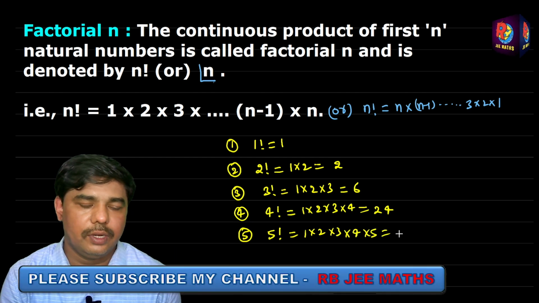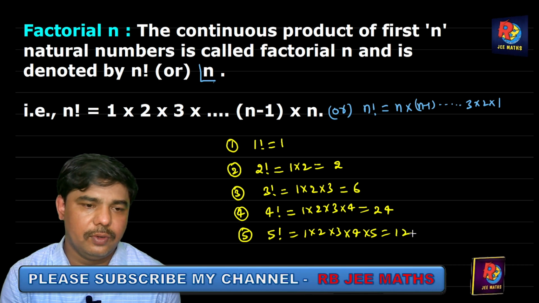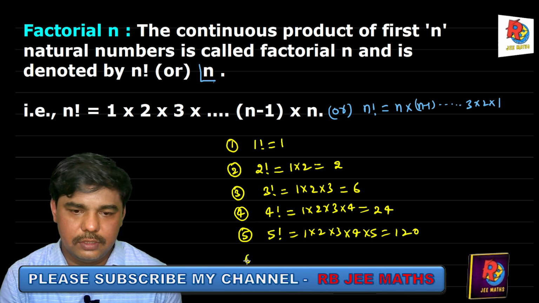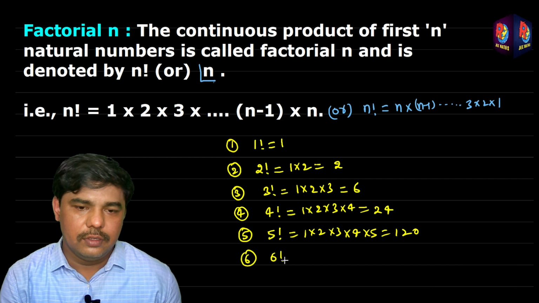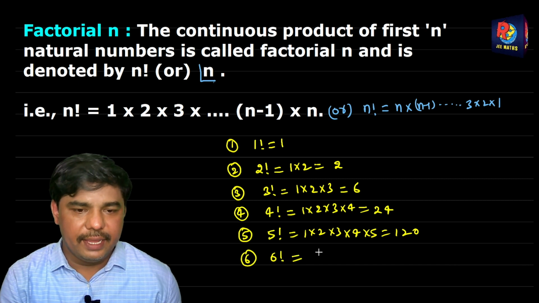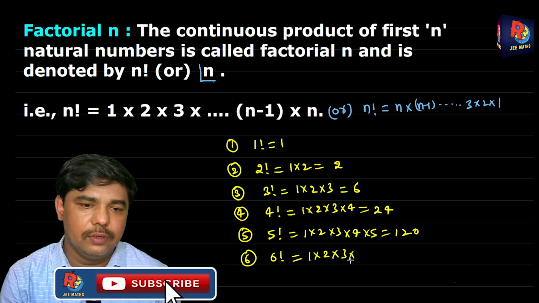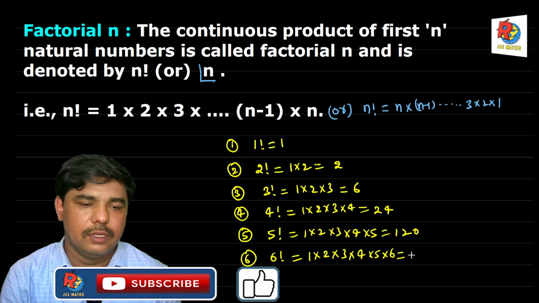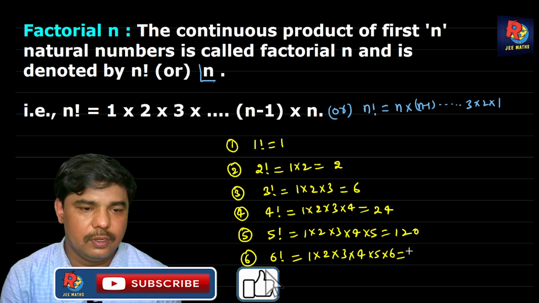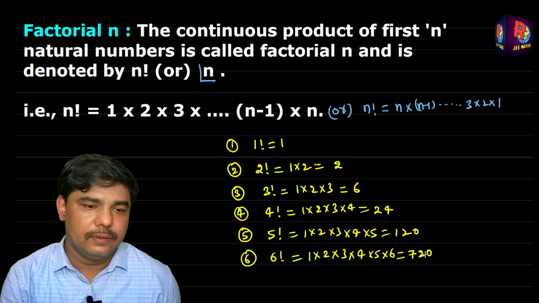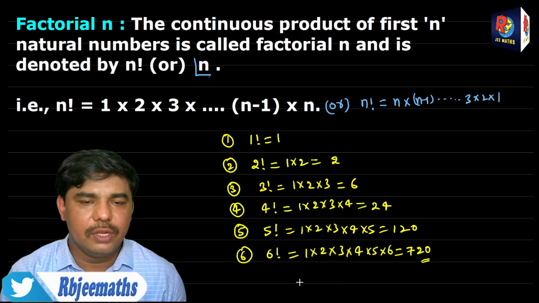So 24 into 5, that is 120. Next, 6 factorial. I can write 1 into 2 into 3 into 4 into 5 into 6, so 720. This is 720. Up to this one you can remember.